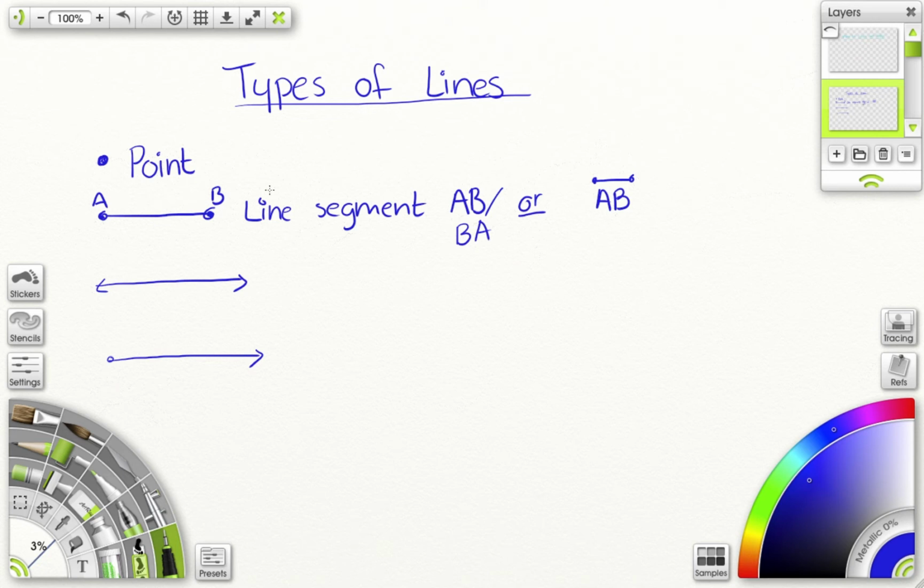It could be AB or BA, and it has the line with the little dots at the end. You have to make sure it has the dots at the end though, because if it's just a straight up line, sometimes that can be a little bit confusing as to what type of line you mean.